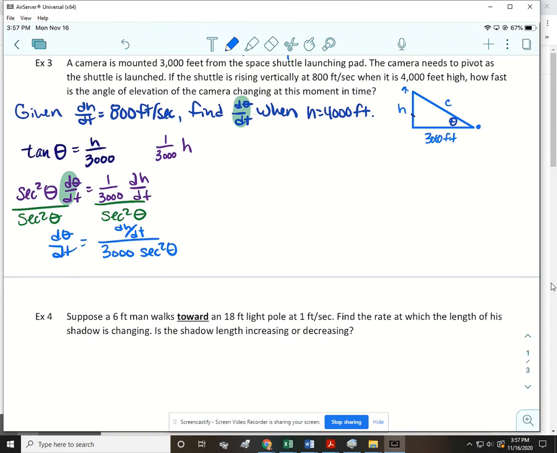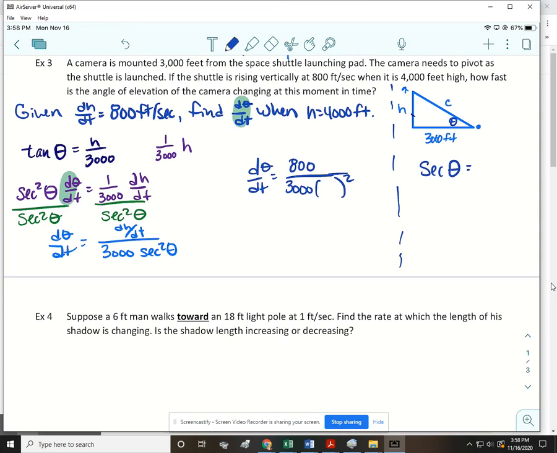All right, so really the only thing I need to plug in is dh dt, which I know is 800, and I need to plug in secant squared of theta. So I'm going to find what secant of theta is. So that's some more side work that I need to do.